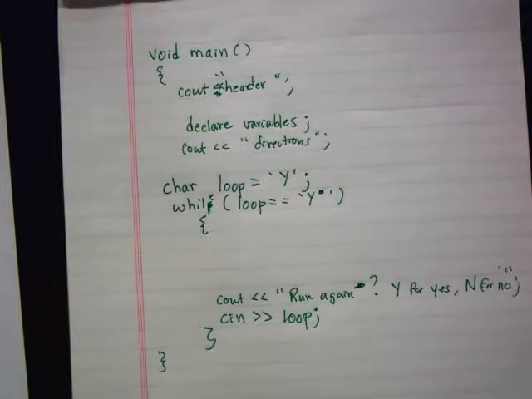Different compilers might have that. We're using Visual Studio 2017, and that might not have that feature. Some other software that has a compiler might have it. It would be nice if it tried to fix it and keep running from there, but it doesn't do that, as far as I know.